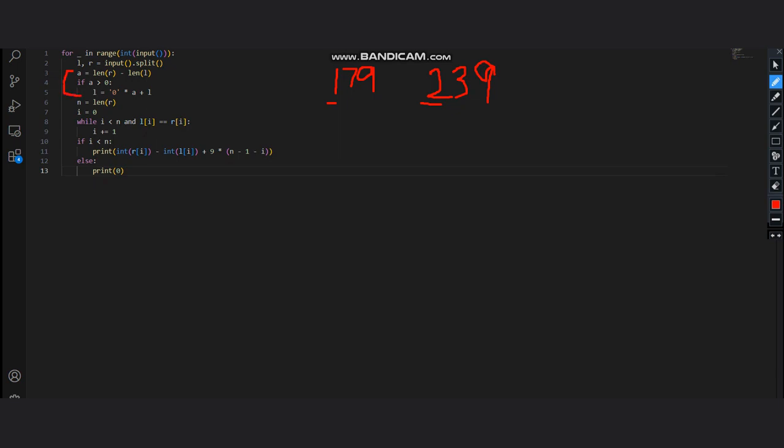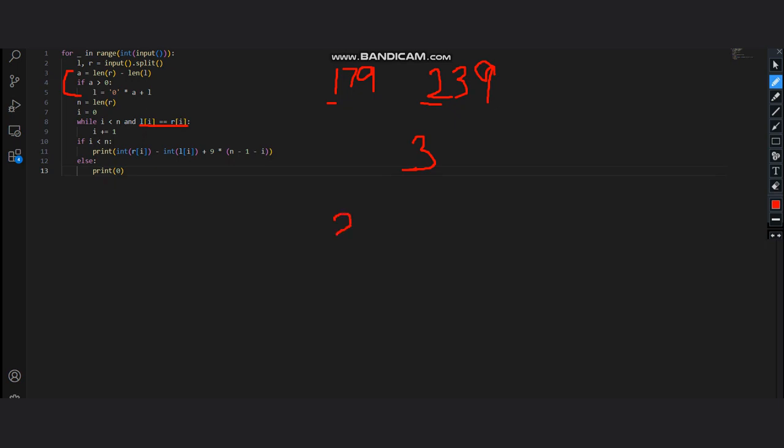So it satisfies these conditions, so we don't need to add one zero or any number of zeros in this case to make the length equal. So our n becomes 3. Now i is initialized as 0. This condition is not true for the first case as 1 is not equal to 2. So we jump to the second case.